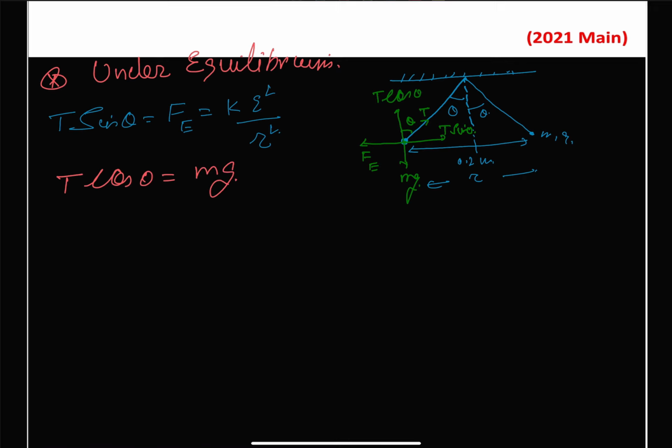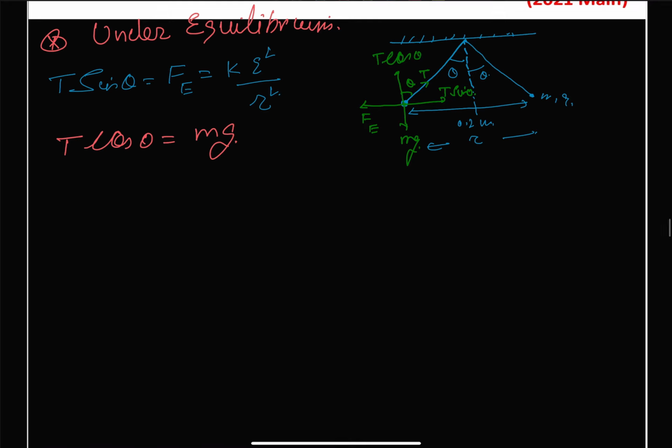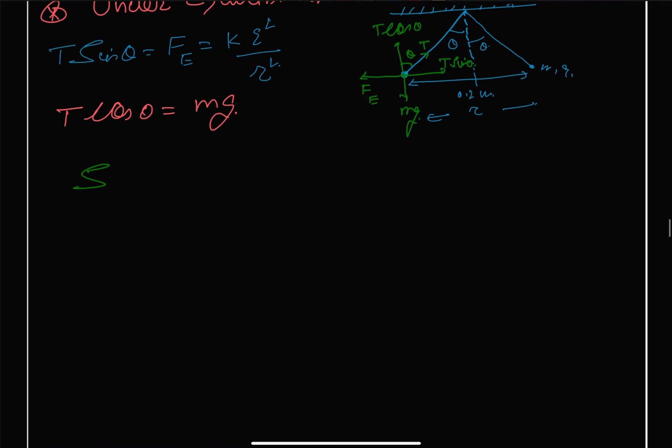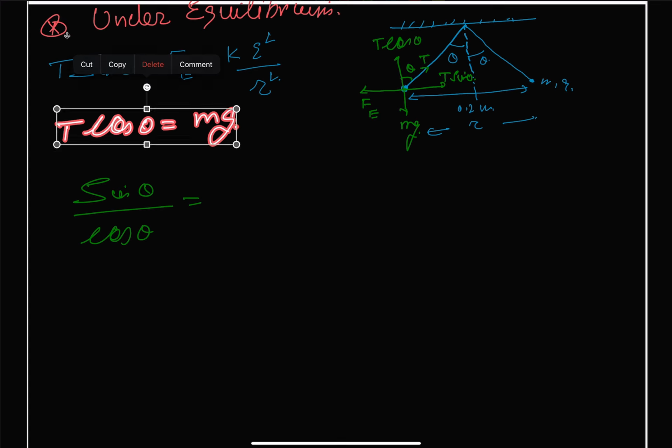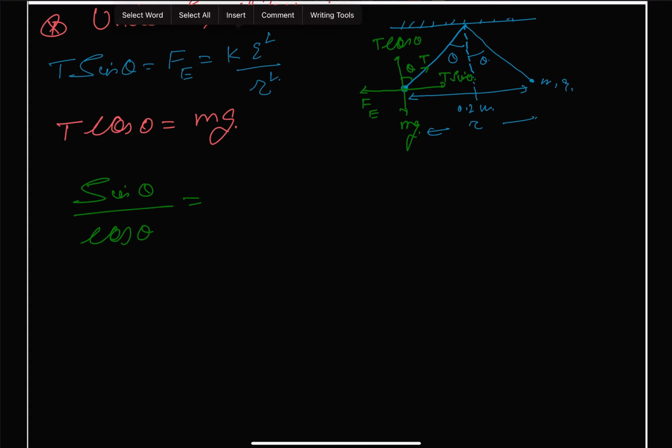So if we divide these two, we get sine of theta divided by cos of theta equal to K Q square upon R square divided by mg. And we need to find out the charge.